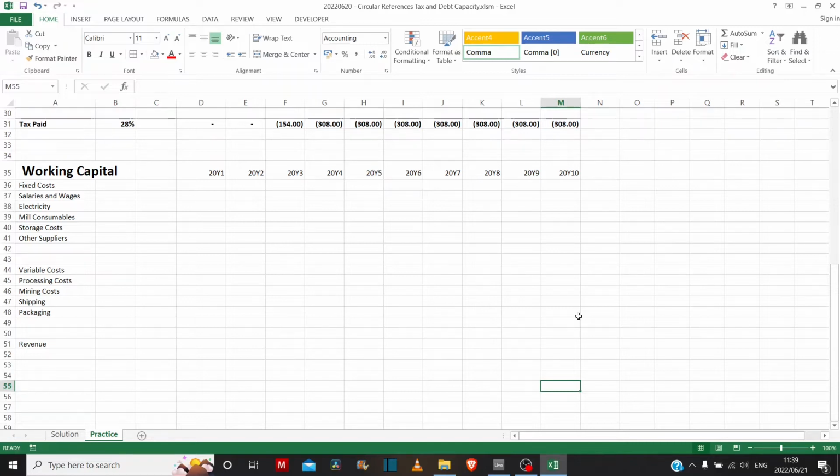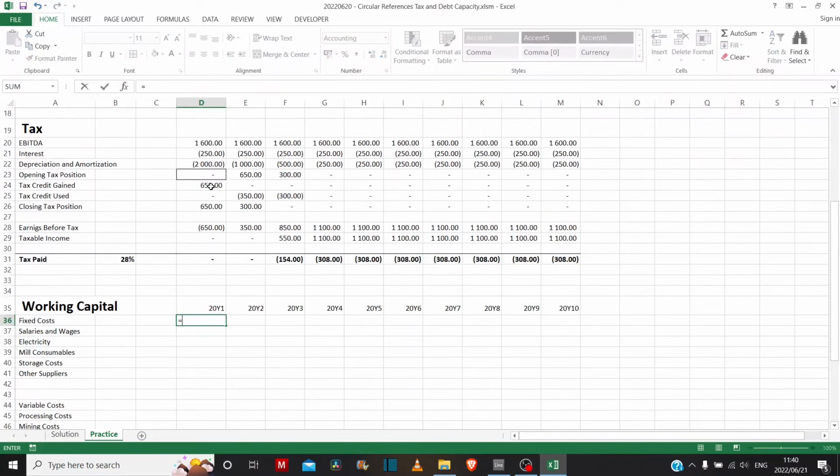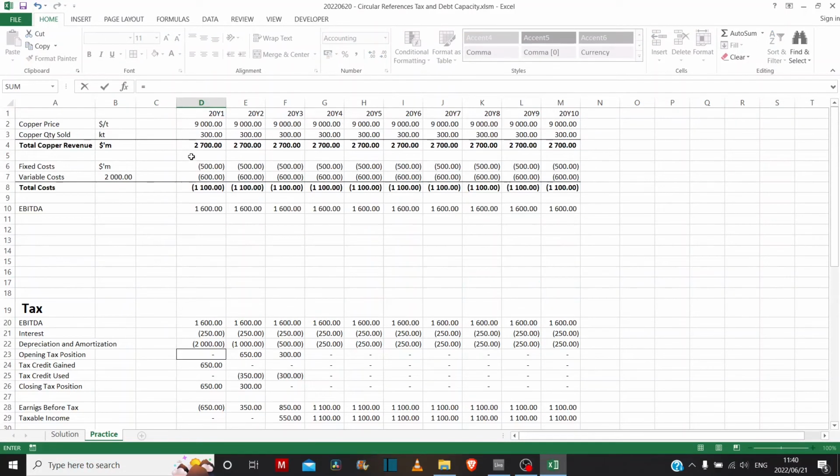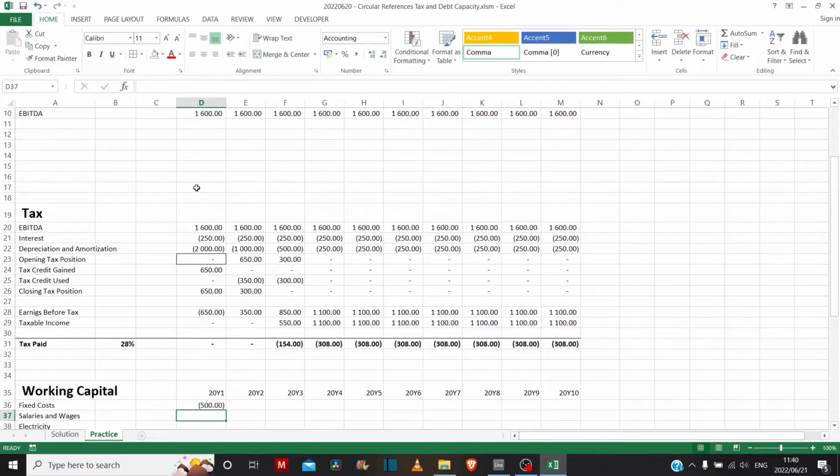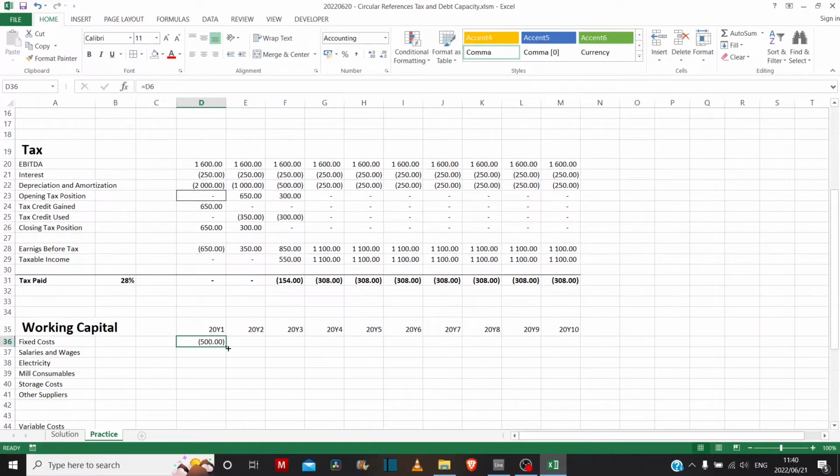We will begin by analyzing our fixed and variable costs, and then we'll also look at the income side, which is our revenue, and then we'll combine all of these factors to arrive at our working capital requirement.